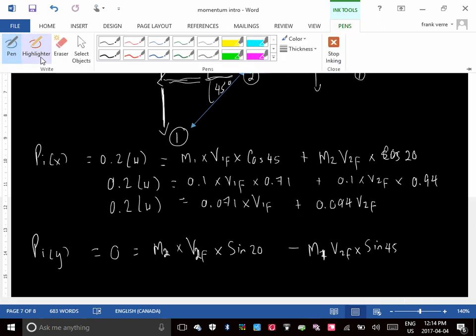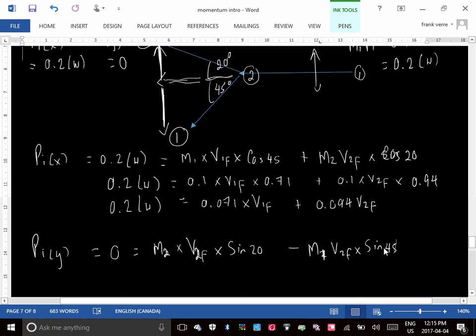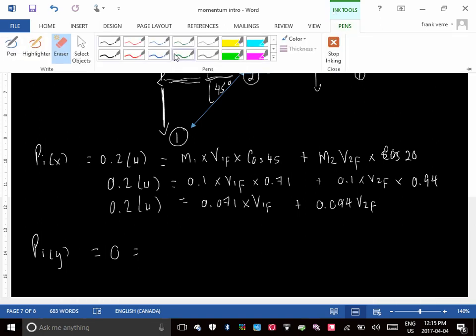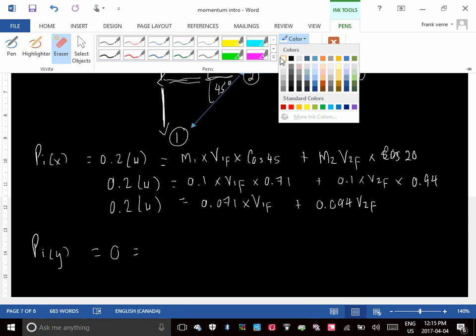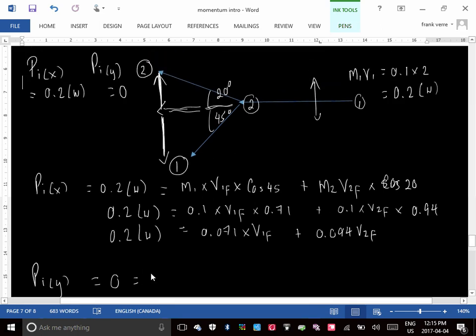Okay, let's just rewrite it then. We've got to change everything. Let's rewrite that. Okay, so it's m2 v2f times sine 20 minus m1 v1f sine 45.